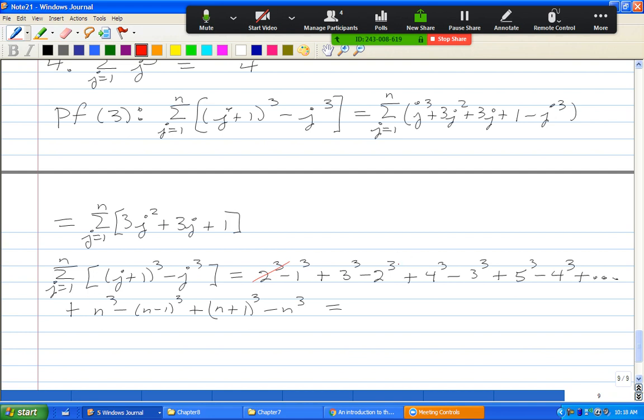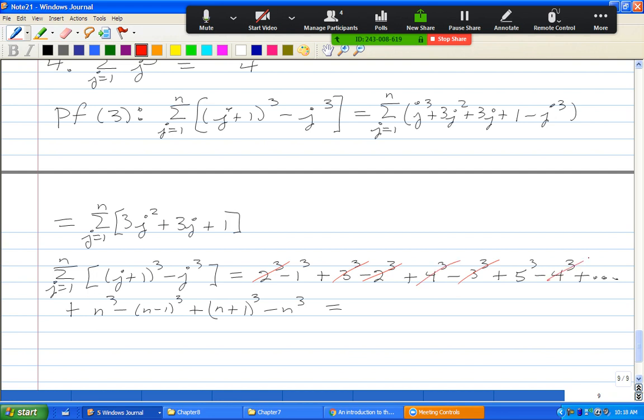The 2 cubes cancel, the 3 cubes cancel. Notice that this term here cancels with the third term after it. This term canceled with the third term after it.